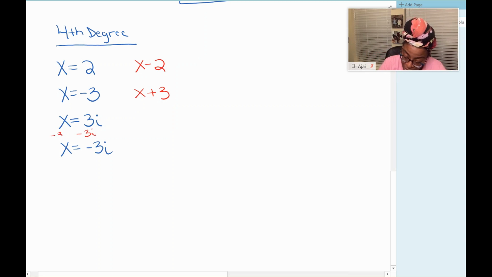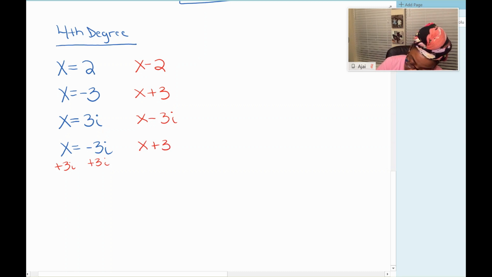You're just going to subtract 3i now, okay? So this is going to be x minus 3i. Same procedure. And same thing is going to be true with the negative 3i. In order to move that, I have to do plus 3i. Okay, so that's going to be x plus 3i.